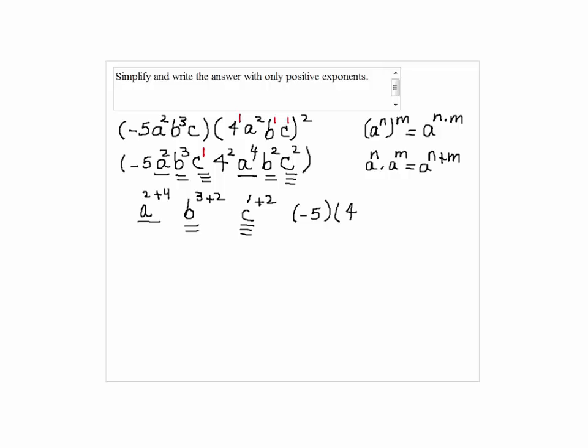And then I have these two numbers to multiply with each other. So I can go ahead and multiply negative 5 times 4 squared, 4 to the power of 2. Which is negative 5 times 4 times 4, which is 16.